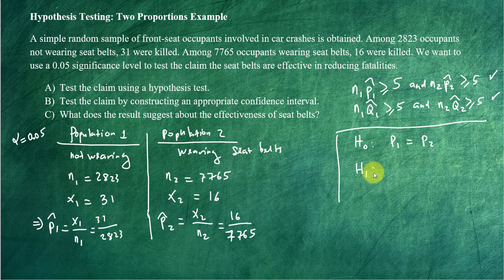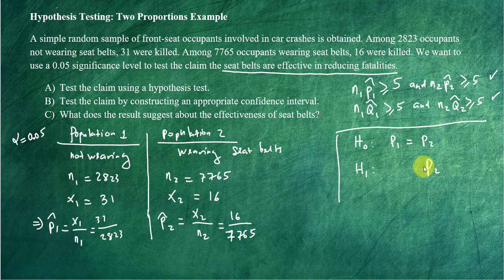And then H1 is the claim. We are looking to test the claim that the seat belts are effective in reducing fatalities. Reducing the fatalities means the ratio of the sample wearing the seat belt is less than the one not wearing. So p2 is the population proportion of the one wearing the seat belt. If this is effective, then this ratio is small.